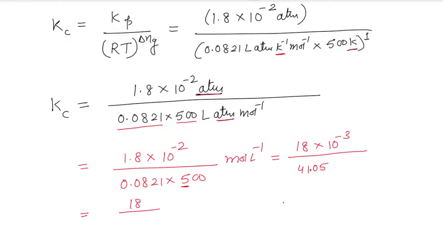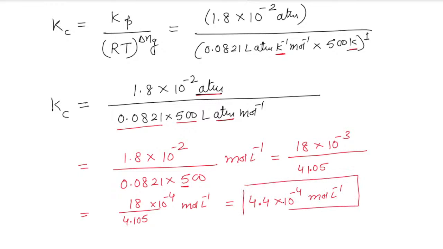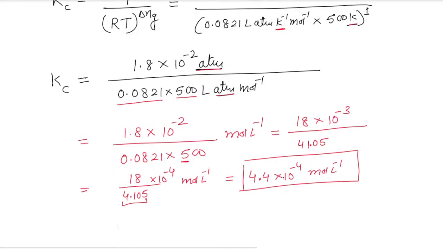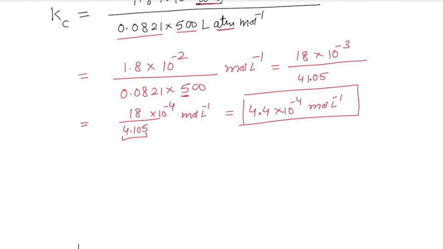So 18 divided by 4.105 into 10 raised to power minus 4. So 4 4s are 16 and 20, okay, but it is 4.105. So around 4.4 into 10 raised to power minus 4 mole per liter, because if it is 4 it should be 4.5, but it is more than 4, so I take it as 4.4 into 10 raised to power minus 4.